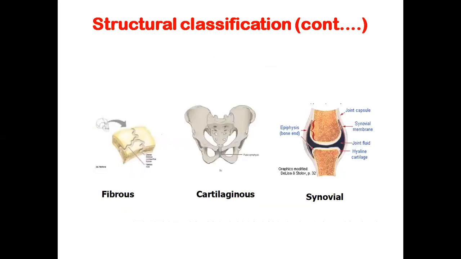So these are the examples of the three types of joints, which is based on the structural classification.